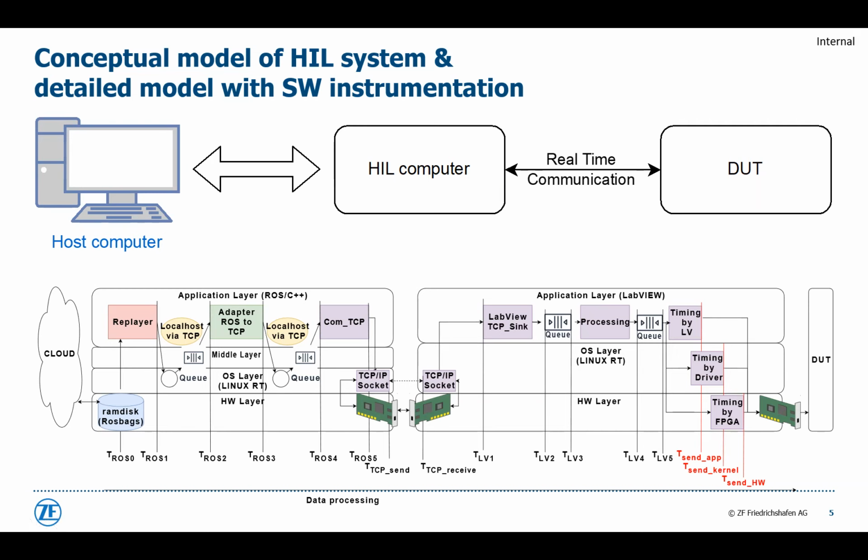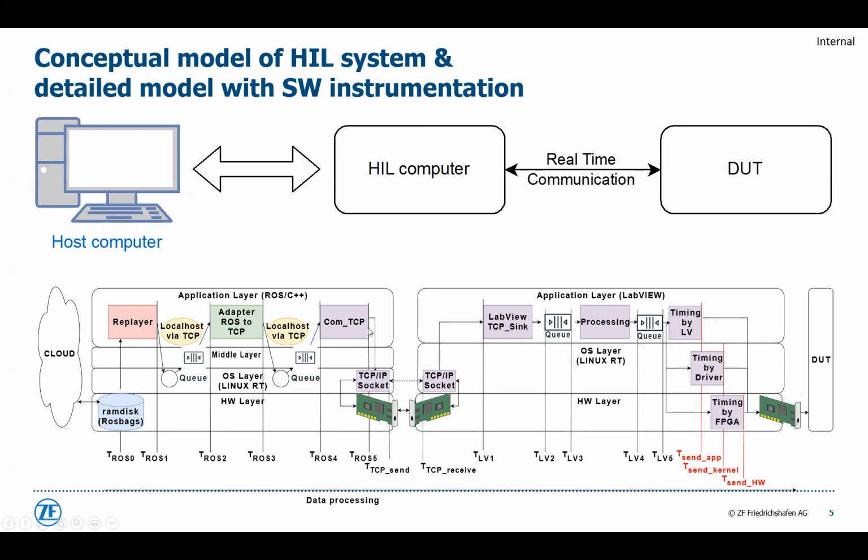Let's go through the model with the signal chain. We have a connection to the cloud or to a storage system. From there, we copy the data locally to the RAM disk, and with the Robot Operating System based replayer, we replay the data according to their timestamps to the other ROS nodes.